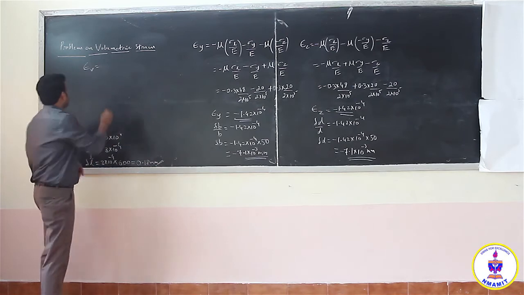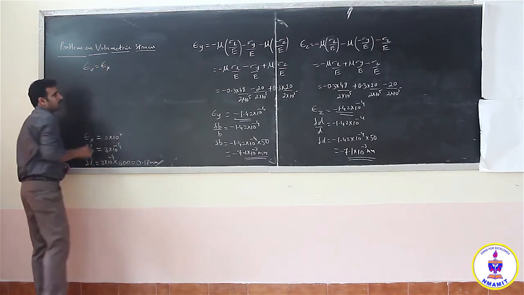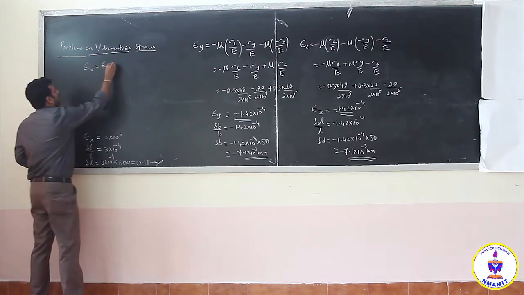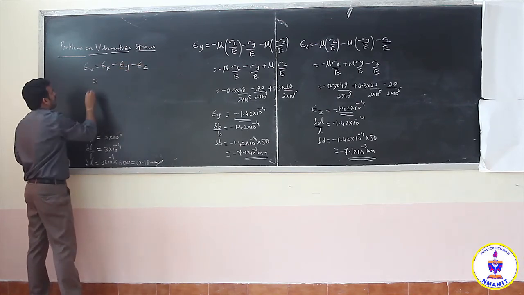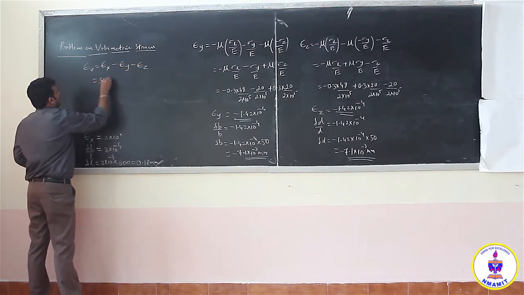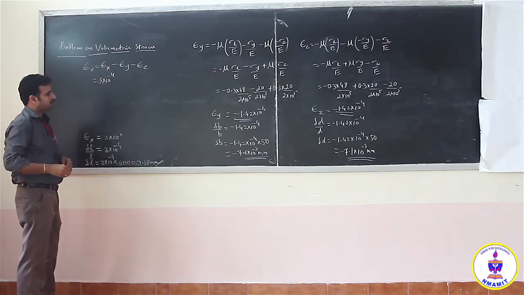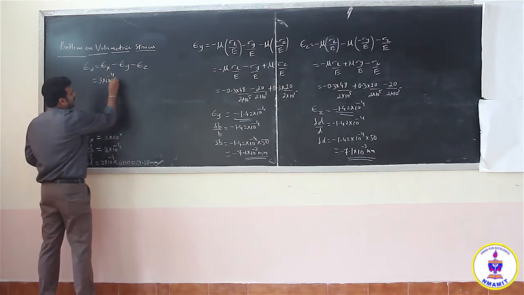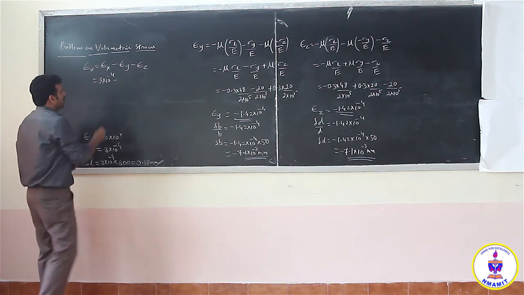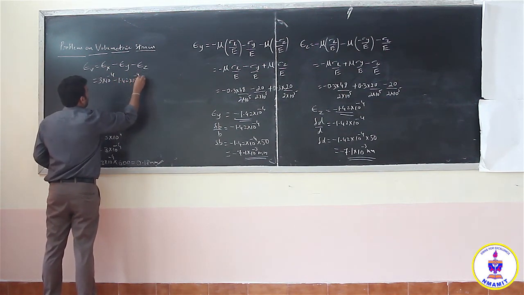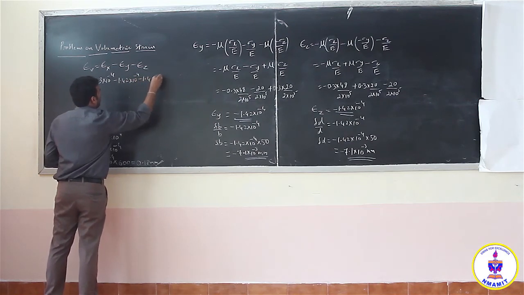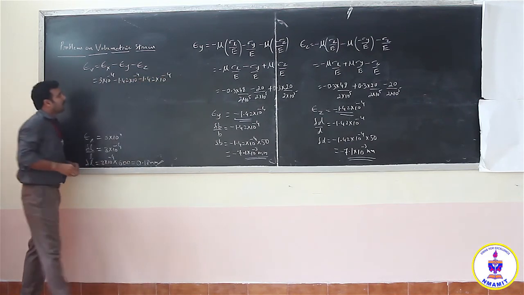So we got epsilon x as positive, then epsilon y, epsilon z. So epsilon x is 3 into 10 to the power of minus 4, minus 1.42 into 10 to the power of minus 4, minus 1.42 into 10 to the power of minus 4.